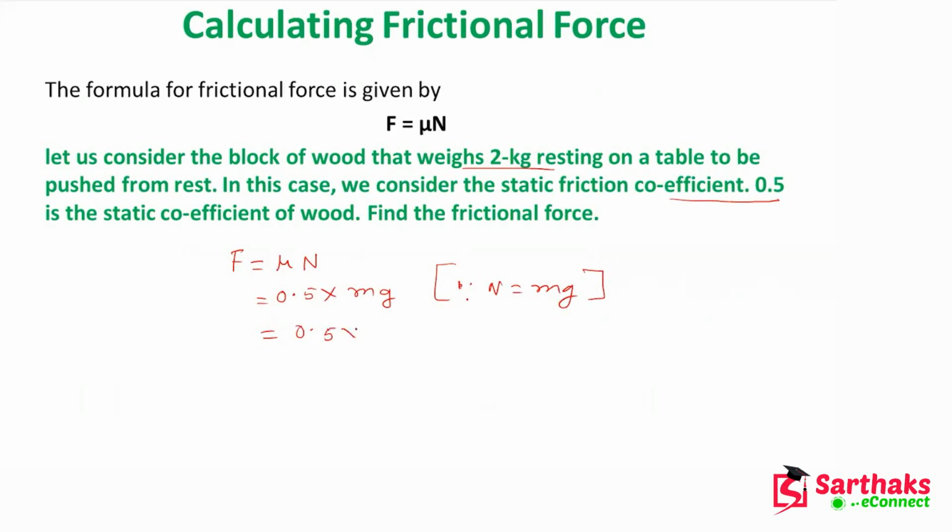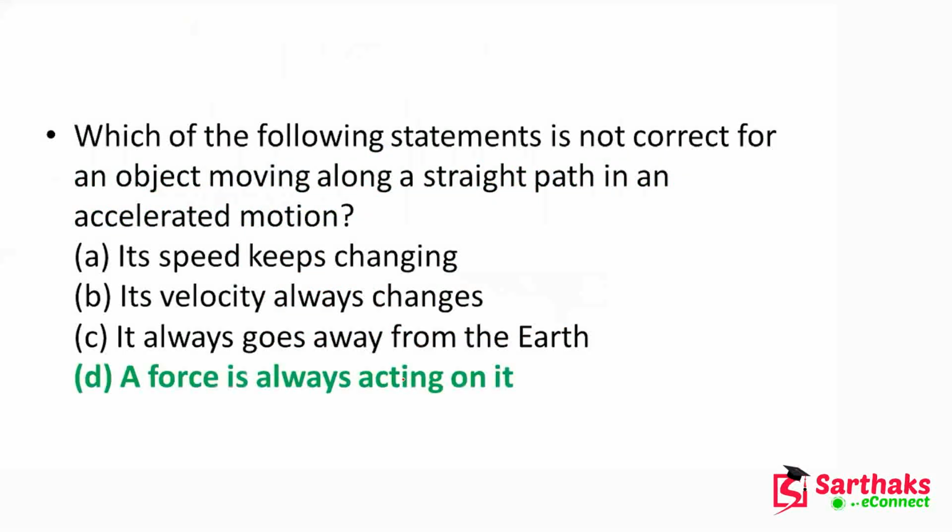That means 0.5 into 2 kg into 9.8 meter per second square. So you can find out in this way the value of the force if you are keeping a 2 kg block on any surface where the frictional coefficient is 0.5. That means here the answer will be 9.8 kg meter per second square.